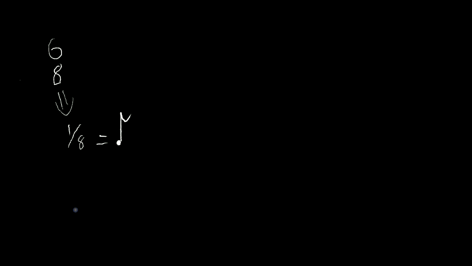But what you will still see in 6/8 time sometimes is an eighth note equals 120 BPM, beats per minute. So you will still see that, and it means that you've got 6 eighth notes in a measure.